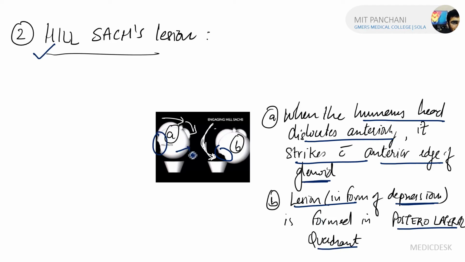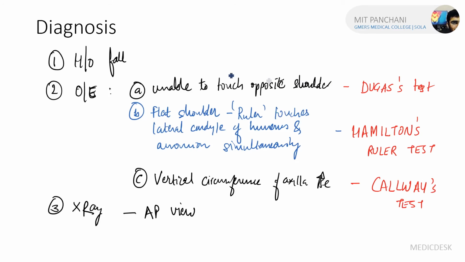When it strikes the edge of the glenoid cavity, it results in this depression, and that depression is called Hill-Sachs lesion.